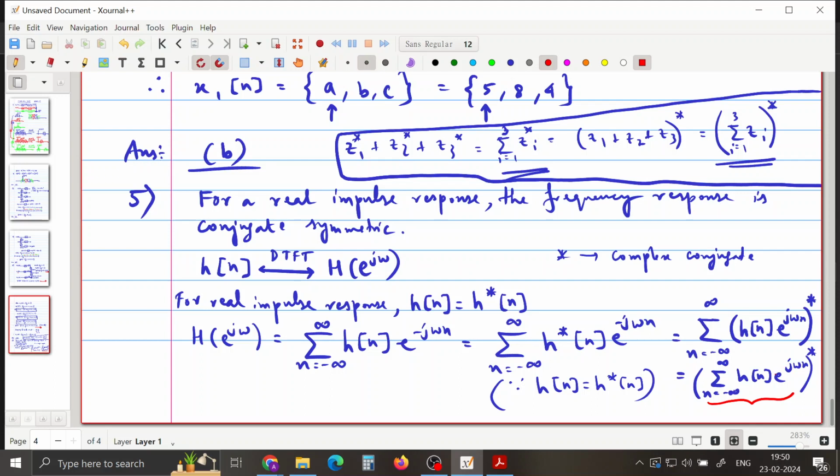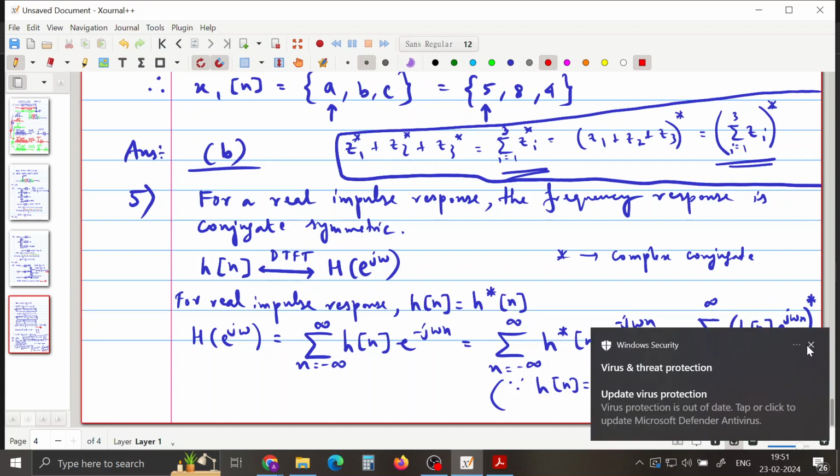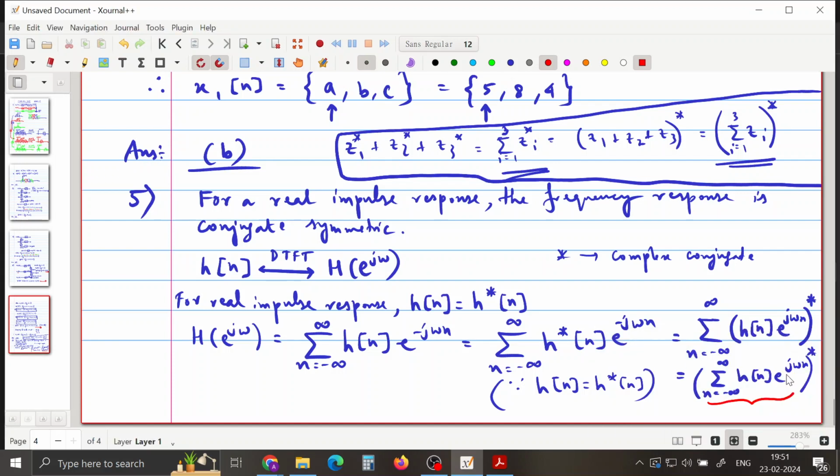It's very close to the DTFT formula, except that usually in the DTFT formula we have e power minus j omega n as the multiplicative factor, but here we have e power j omega n. So it's as if omega is replaced by minus omega, that's it.